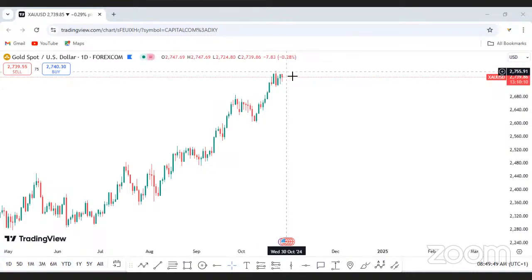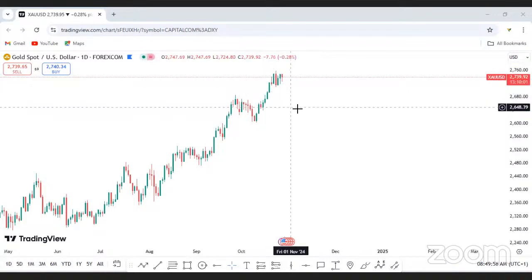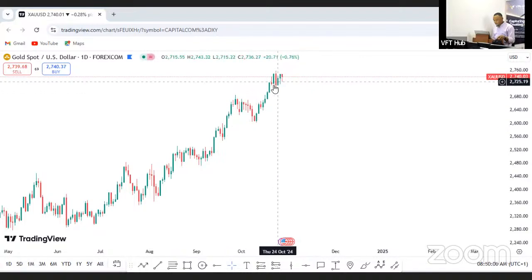And from the look of things, gold will be gearing up for a new all-time high, and we're looking at somewhere around 3,000 price points. So any moment from now, we'll be looking forward to seeing gold trade all the way to that level.